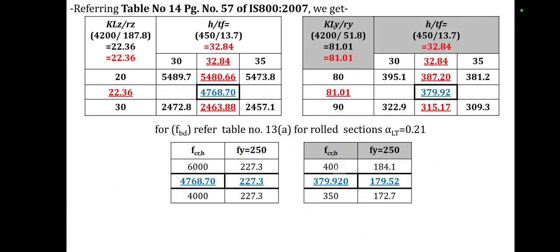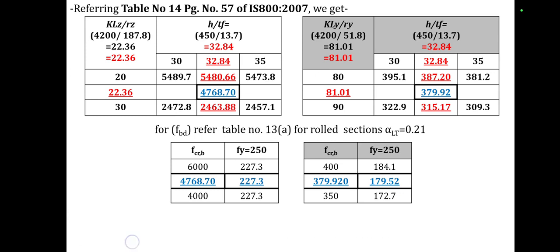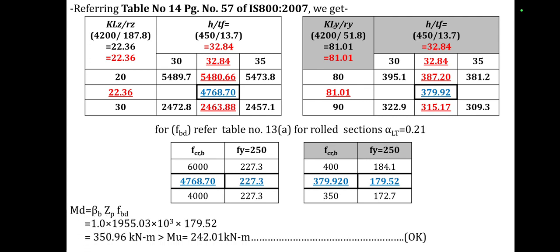Hence the MD, the formula MD is equal to beta B into ZP into FBD. The value of FBD is substituted and we get the MD, which is greater than the MU, hence our beam is safe.